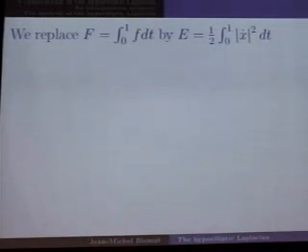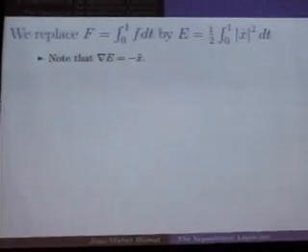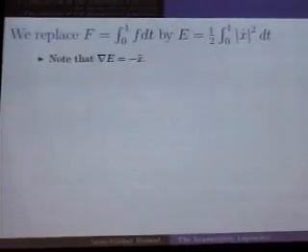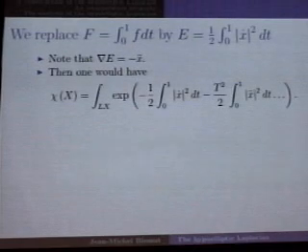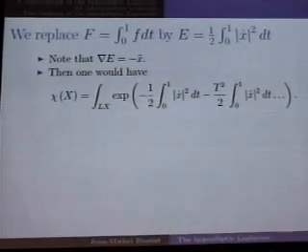Of course, I could combine the two and get an effective generalized Lagrangian, an effective Lagrangian in the physics sense. Now, again, observe that the gradient of the energy is simply minus the second derivative of x.